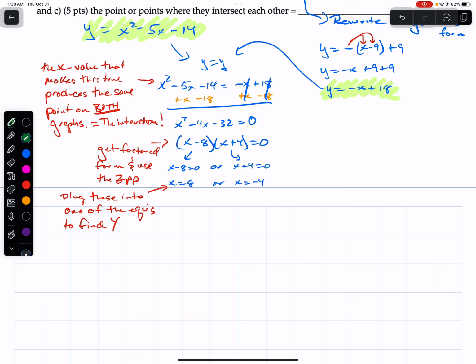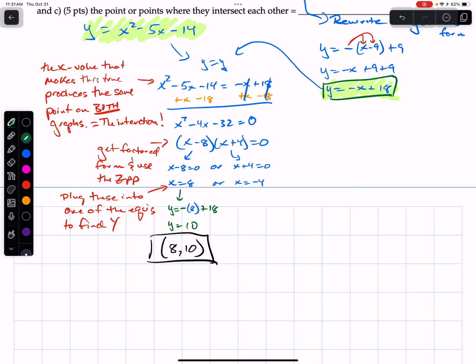So here I'm going to use that. So y equals minus 8 plus 18. So y equals 10, which means my point is 8, 10.